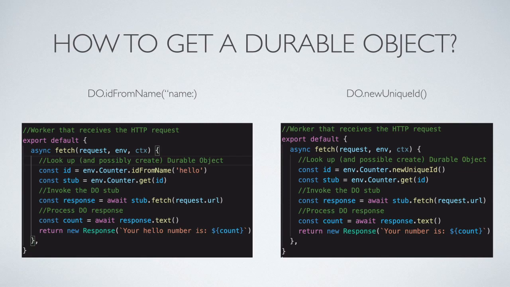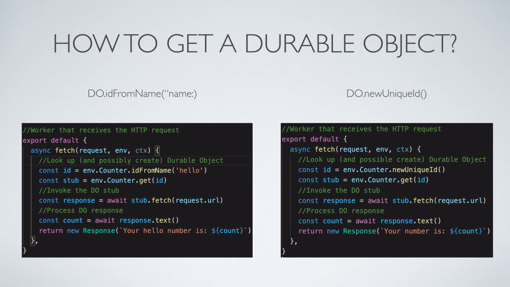This will check if a Durable Object with that name already exists somewhere in the world, even in other clusters. And if it does, it will connect to that existing one, wherever it may be. And if not, it will create a new Durable Object.